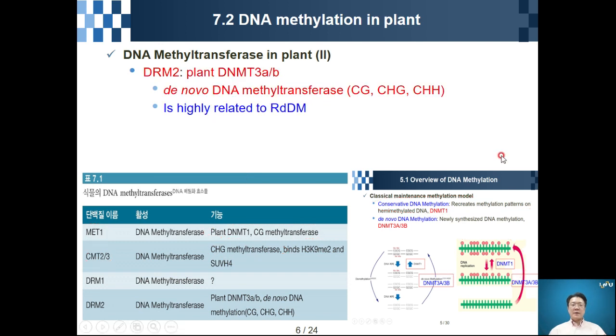In this slide, I will explain DRM2, another methyltransferase. In our previous chapter, we learned about de novo DNA methylation. De novo DNA methylation means newly synthesized DNA methylation.